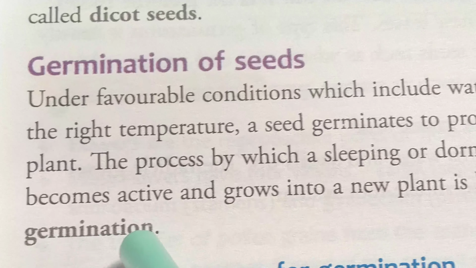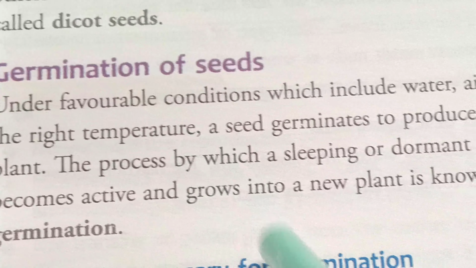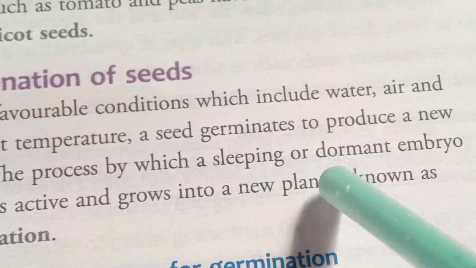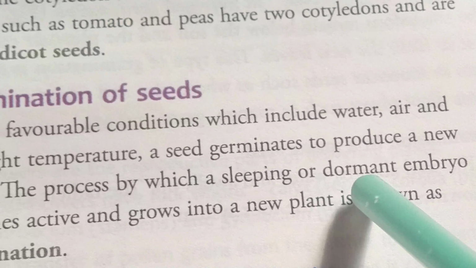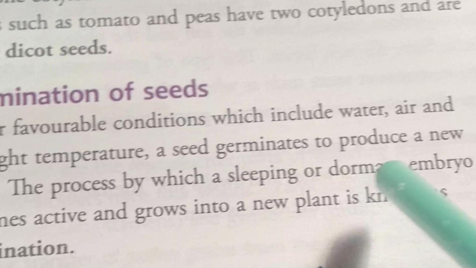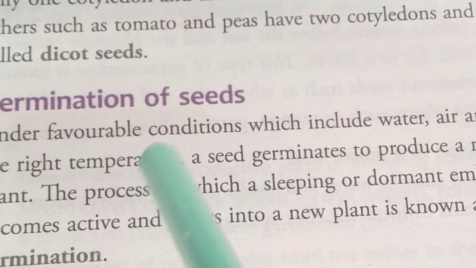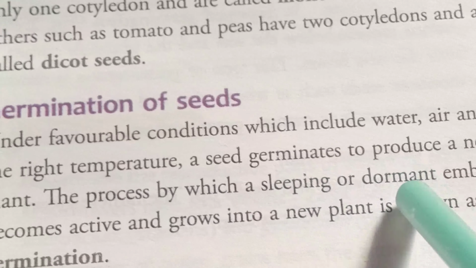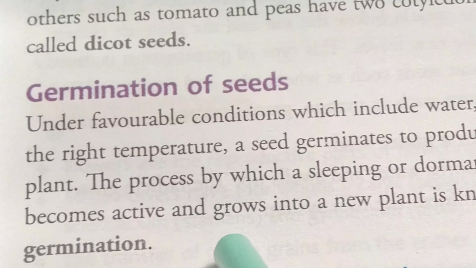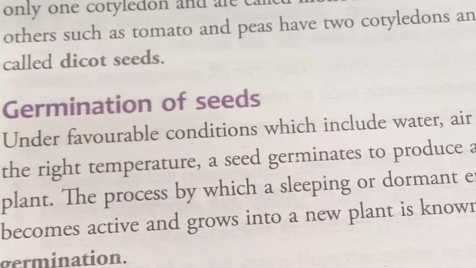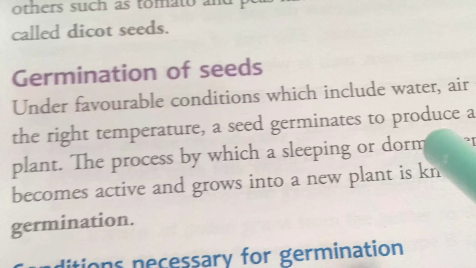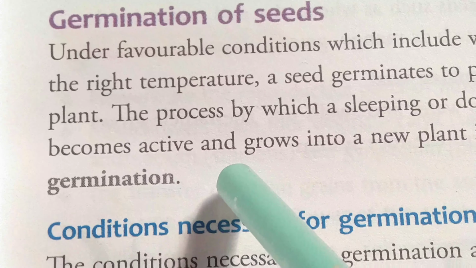So basically germination is the biological process by which a sleeping or dormant embryo, these seeds also known as sleeping seeds, becomes active and grows into a new plant.